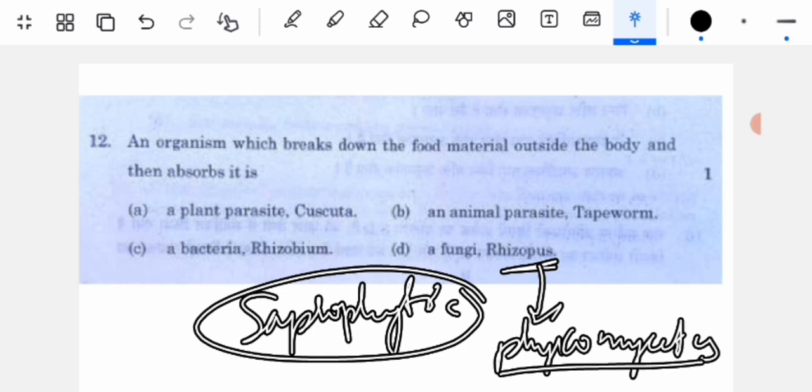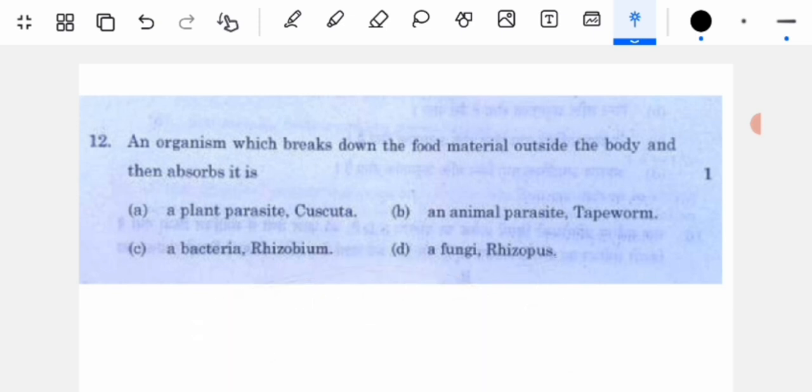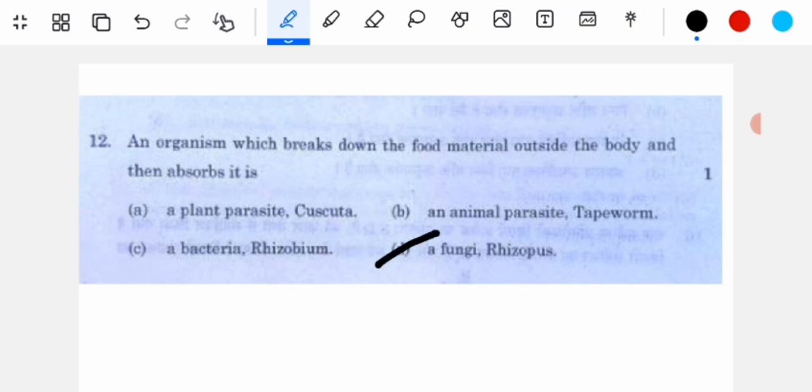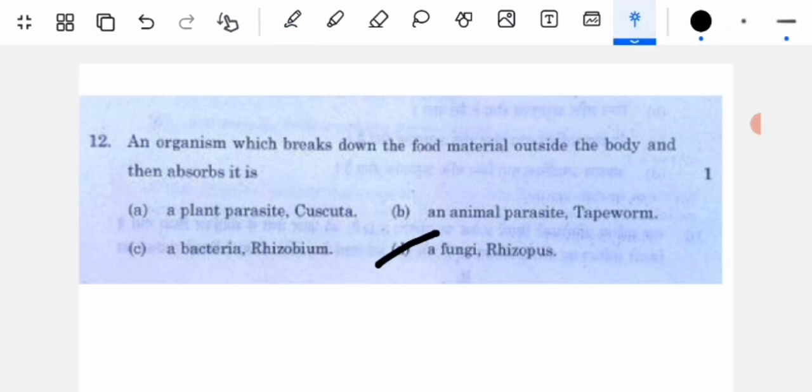There are 4 kinds of types or subfamilies we can say in the fungi, like Phycomycetes, Ascomycetes, Basidiomycetes, then Deuteromycetes. This belongs to the Phycomycetes. So the answer is option D.